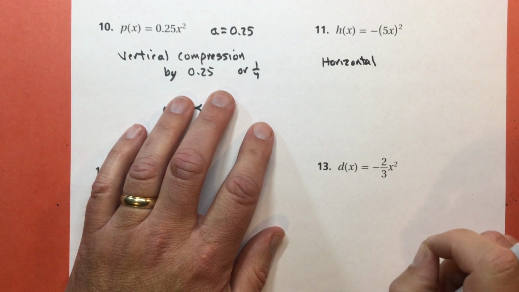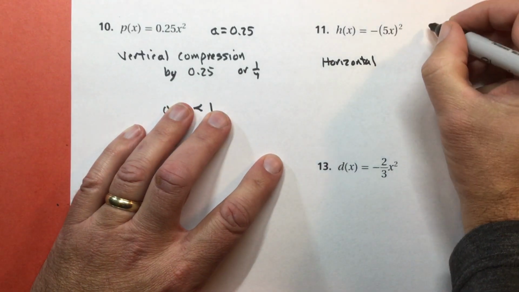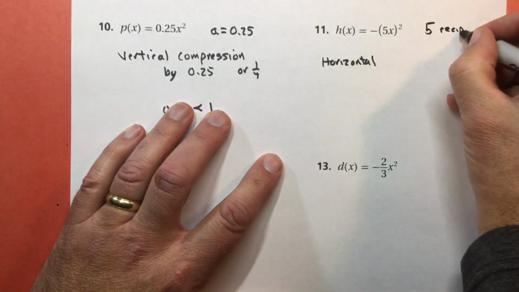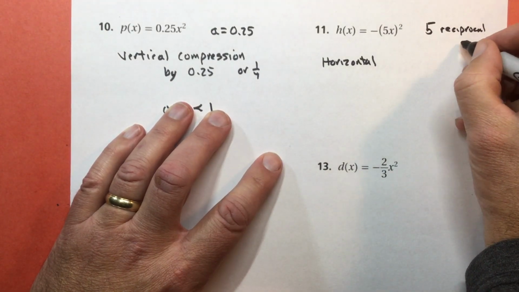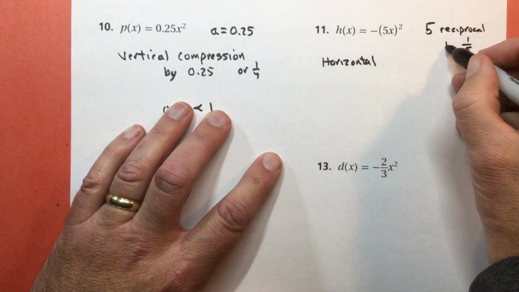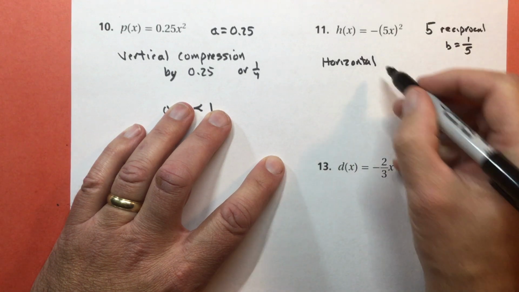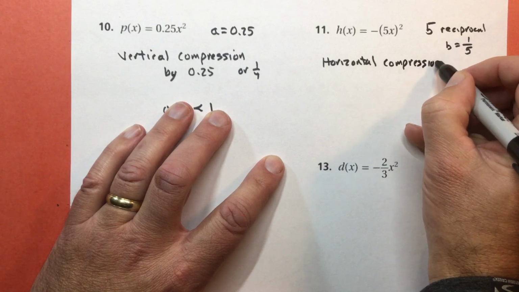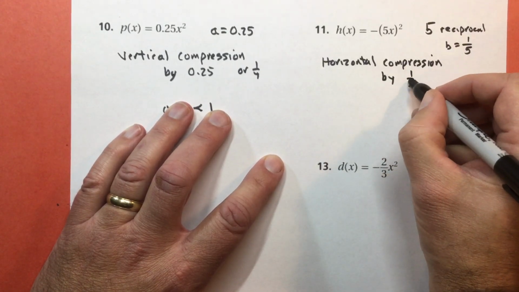But before I write that, I remember reciprocals. So 5 is the reciprocal of what? Well, what's the reciprocal of 5? 1/5. So my b equals 1/5. Since that's less than 1, this is a compression. It is a horizontal compression by 1/5.